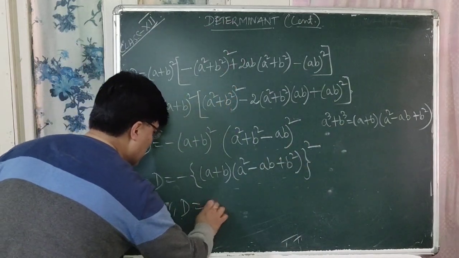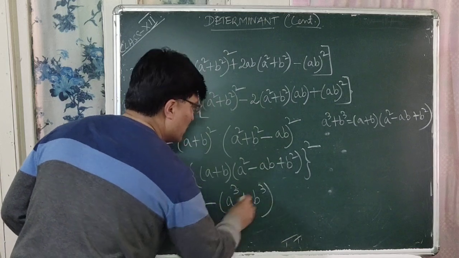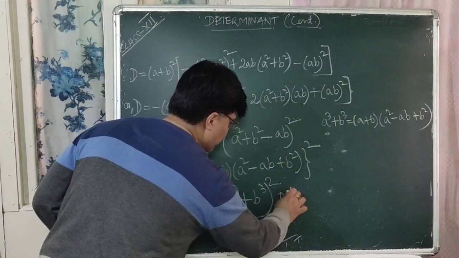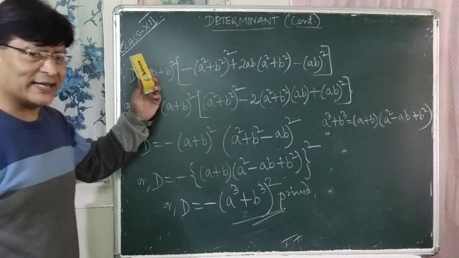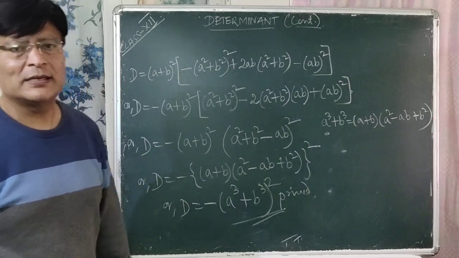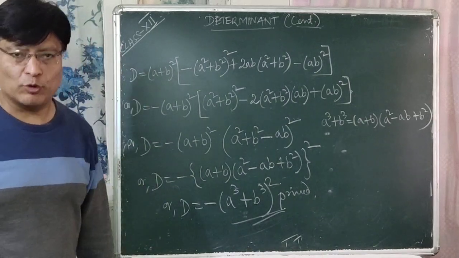Or D is equal to minus, within bracket, a cube plus b cube, whole square. So it is proved. So you can take the answer. You have to prove that left hand side determinant is equal to minus, within bracket, a cube plus b cube whole square. So in this way you can prove it.